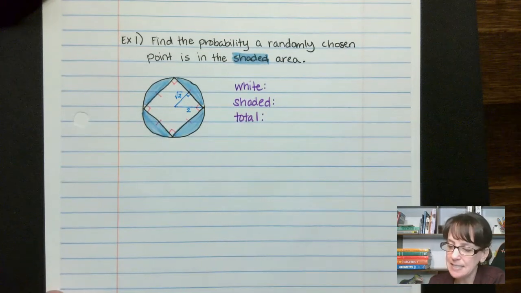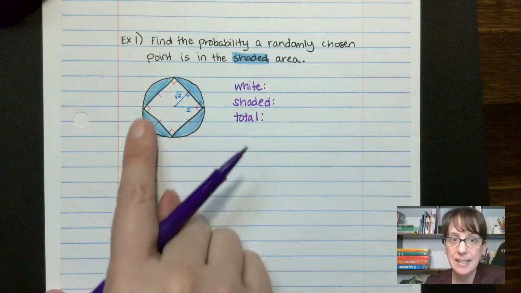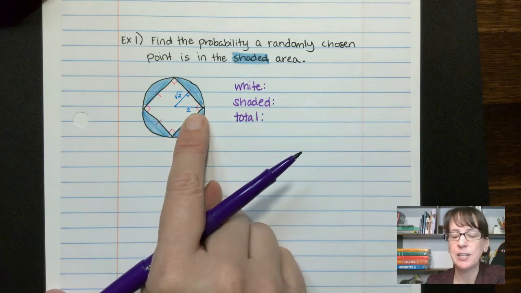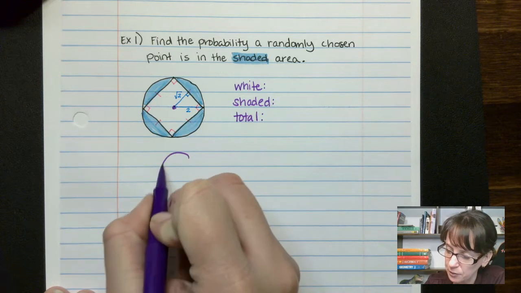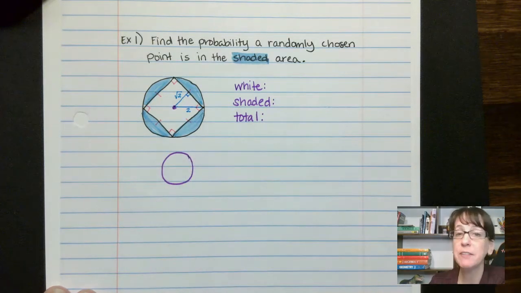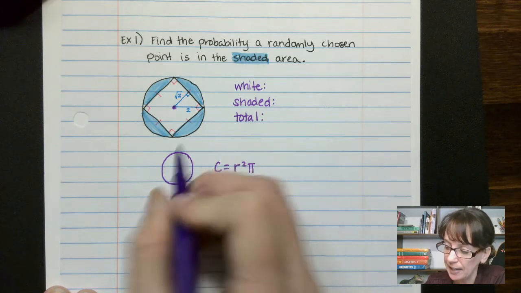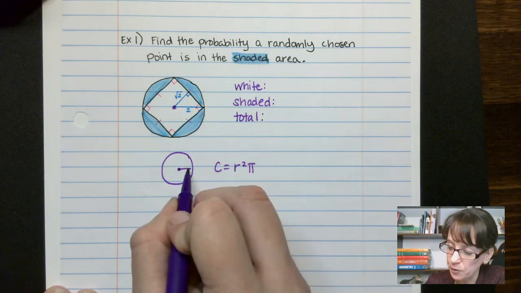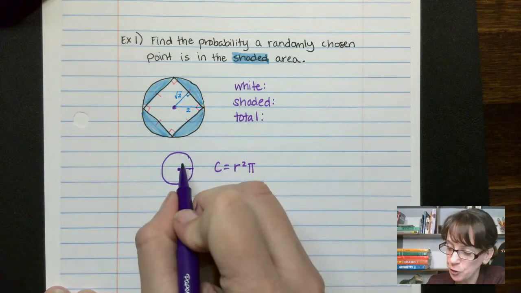Now, we've got two figures here. The total is usually your easiest one to figure out because that is our big one. That's our circle right here in the center. In order to find the area of a circle, remember, it's the radius squared times pi. So we need our radius, and it looks like we've got the radius right here. It's 2.